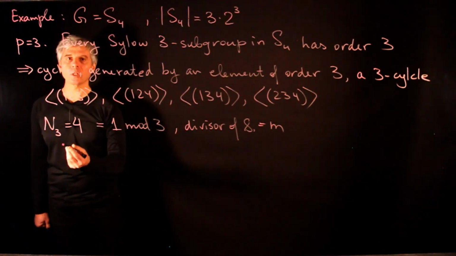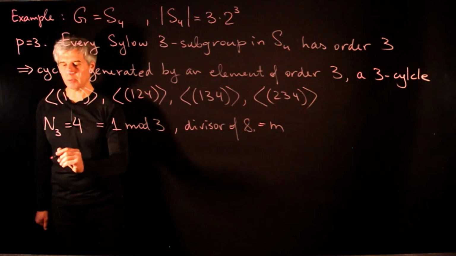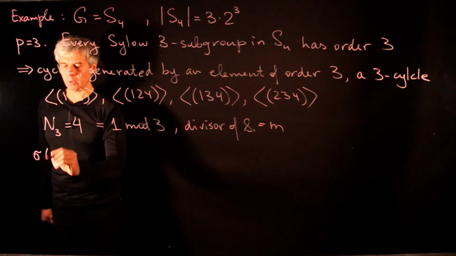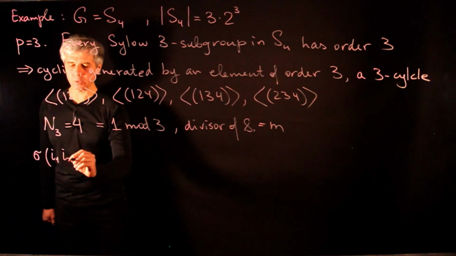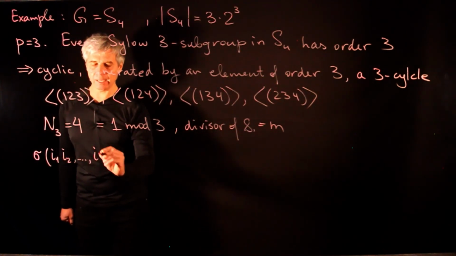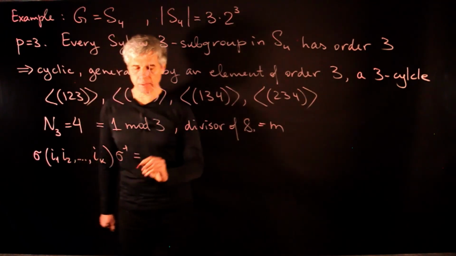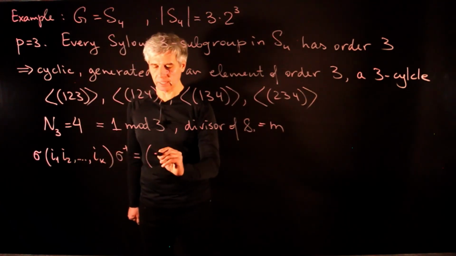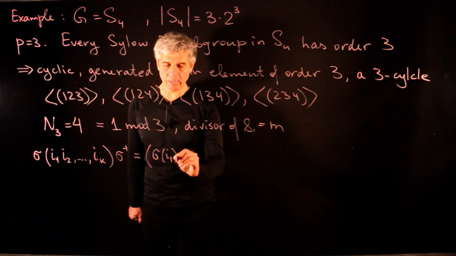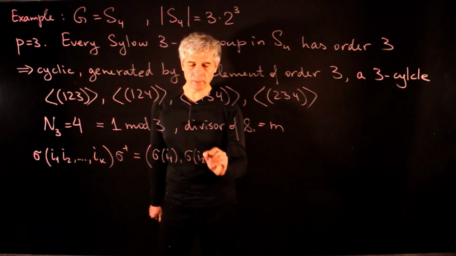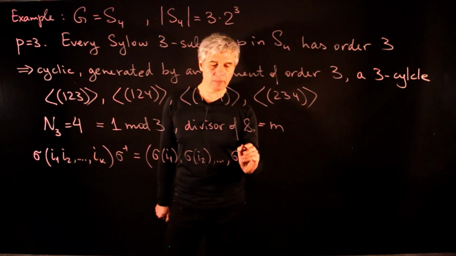So let us recall how conjugation acts in symmetric groups. If we have a cycle (i1, i2, ..., ik), and we conjugate it with permutation sigma, then the result will be the cycle (sigma of i1, sigma of i2, ..., sigma of ik).